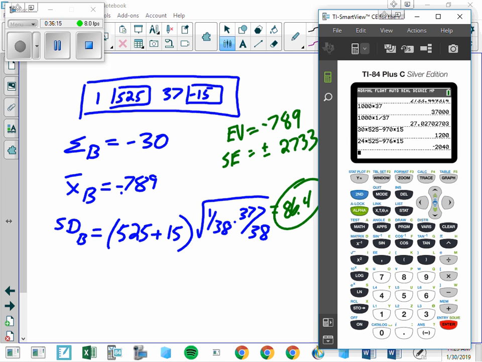Now, here's a question. What if I changed the box to betting on red? Would this number change? No. Because if I bet on red, this is exactly the same for any bet on roulette. So that would not change.